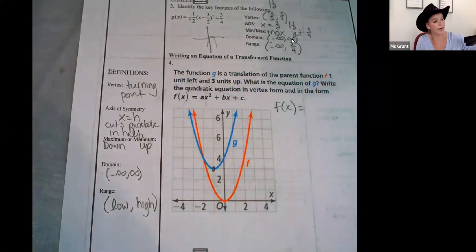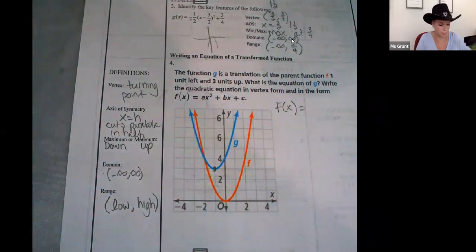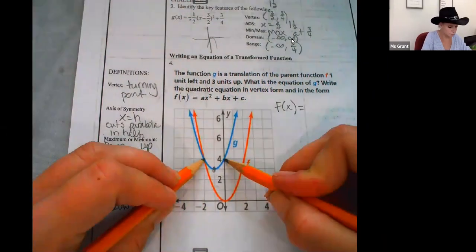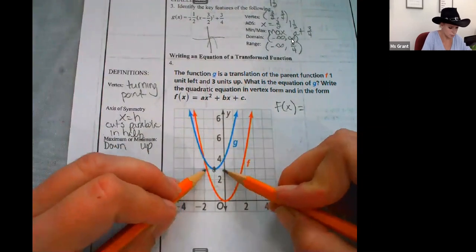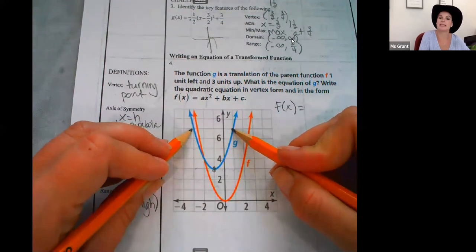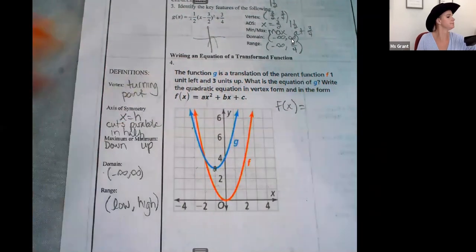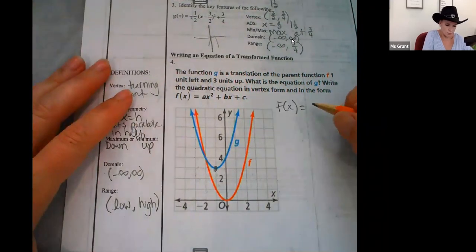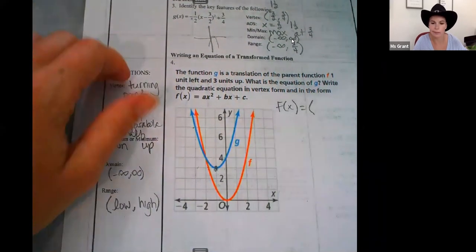So I know that this is going to be, first I'm going to check, do I go over 1, up 1? Over 2, up 4? Over 1, up 1. Yeah. Over 2, up 4. 1, 2, 3, 4. Yeah. That means that A is 1. A is 1. Don't put a 1.